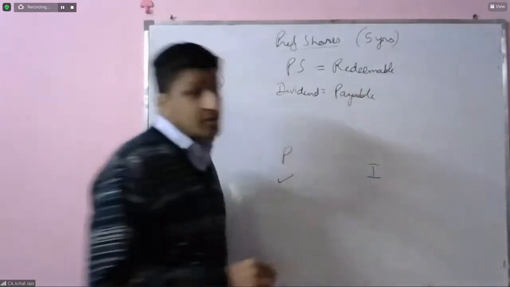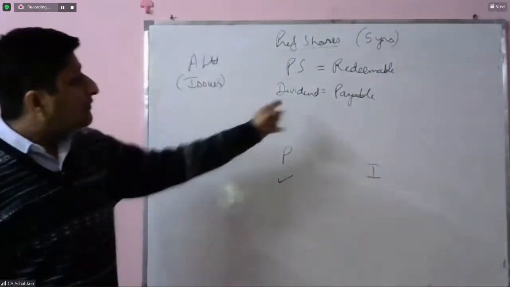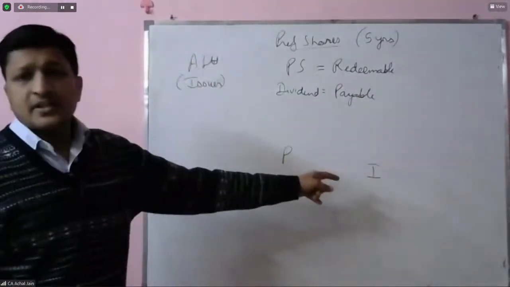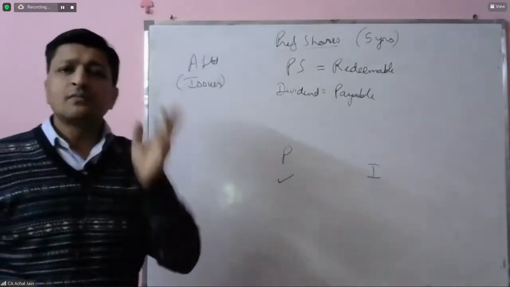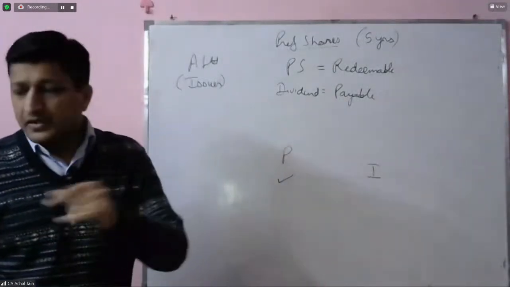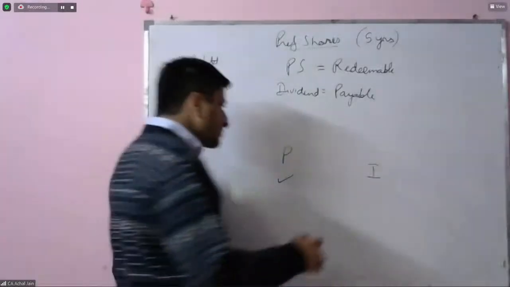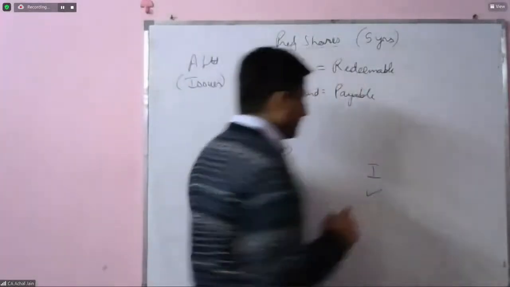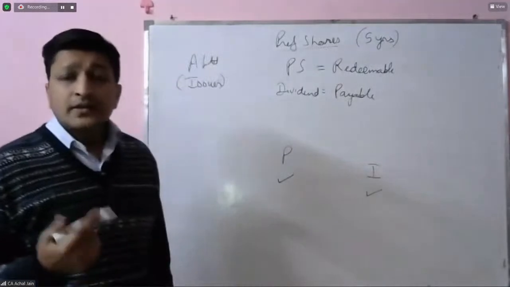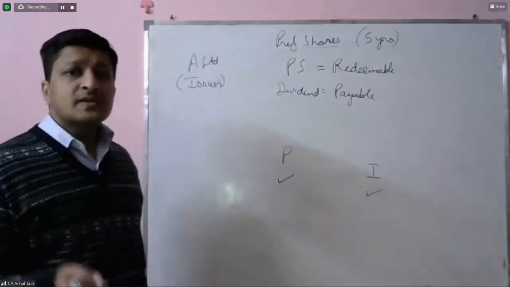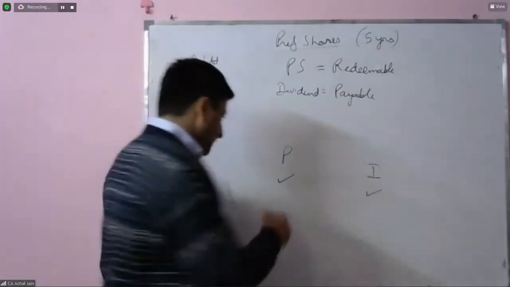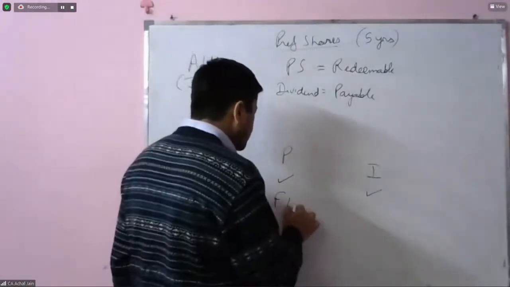So principal has to be paid. What about dividend? Interest is nothing but dividend. We will use these terms interchangeably, so you should not get confused. This is also required to be paid. So that means this repayment of principal becomes financial liability.